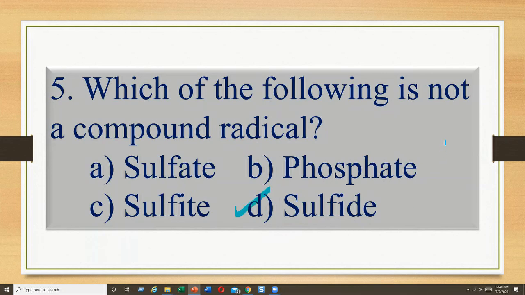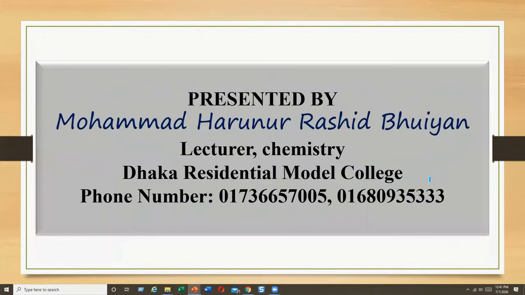For example, NaCl is sodium chloride, where chlorine, Cl minus, is called chloride. So when sulfur is S2 minus, it is called sulfide. Sulfide contains only the element sulfur, so it is an elementary radical, not a compound radical. That's all. Allah Hafiz.